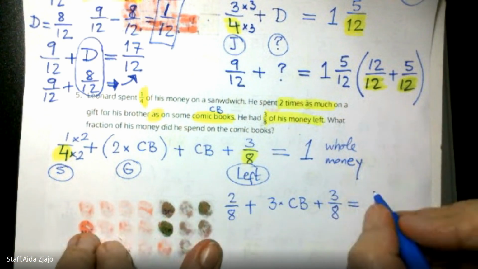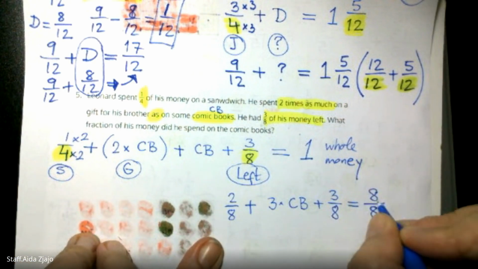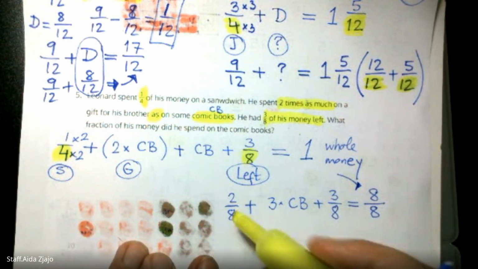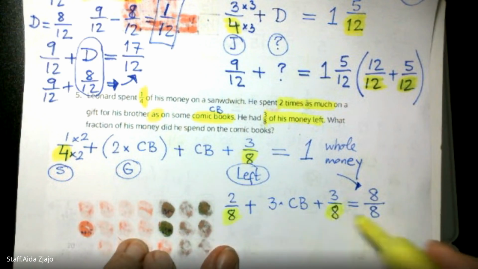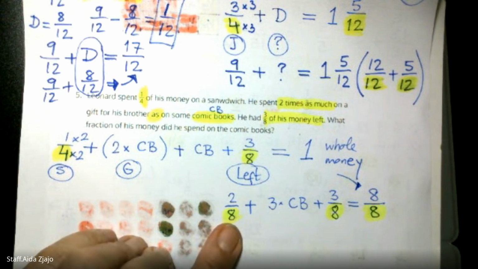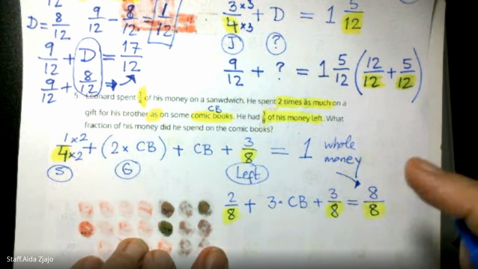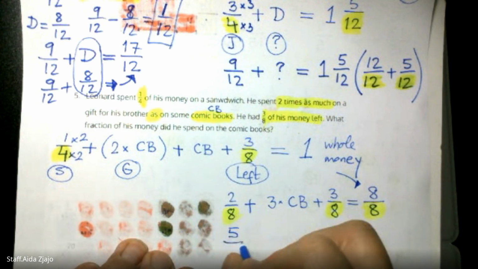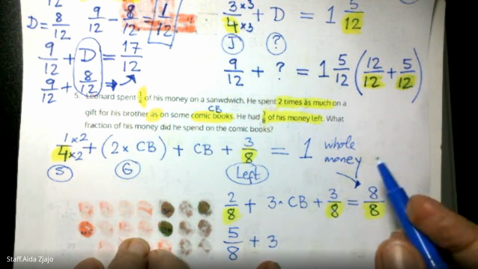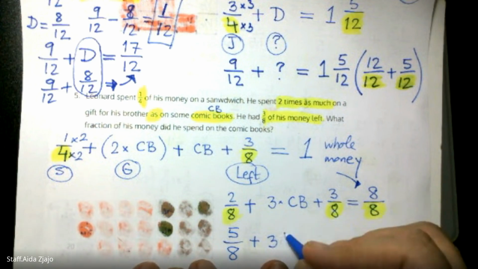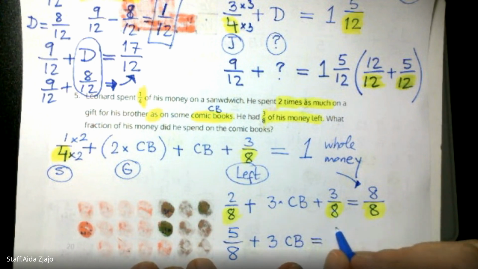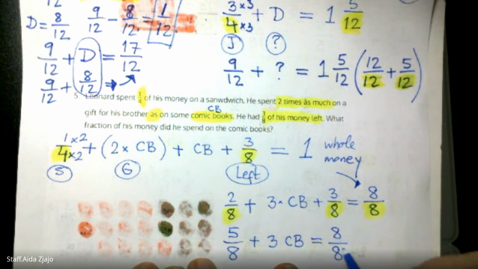the whole, which is 8/8. Now we have parts that are the same size, 8, 8, 8, so we're fine. Now 2/8 plus 3/8 makes 5/8. 5/8 plus 3 times some number must equal 8/8.